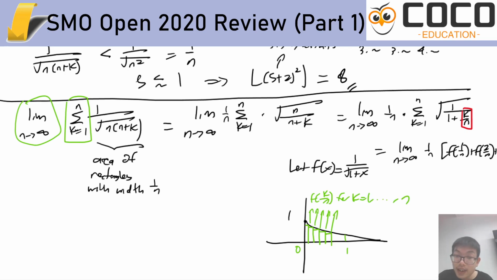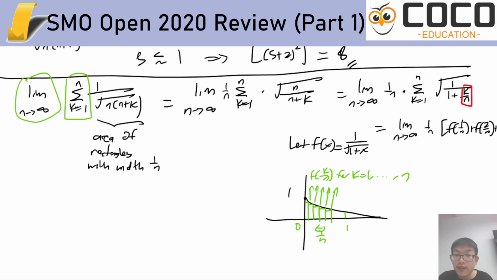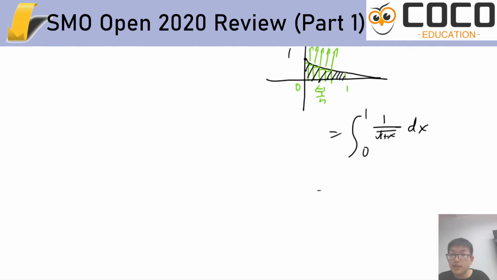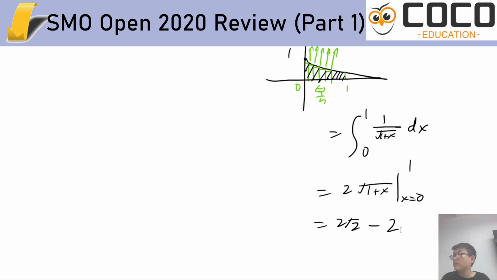Those are the heights, and the widths are 1 over n. And so therefore what you want is the area under the curve, which is where the calculus part comes in. The integral of 1 over root 1 plus x, and so you substitute it in. This is s plus 2 squared is really going to be equal to 8 as n goes to infinity.